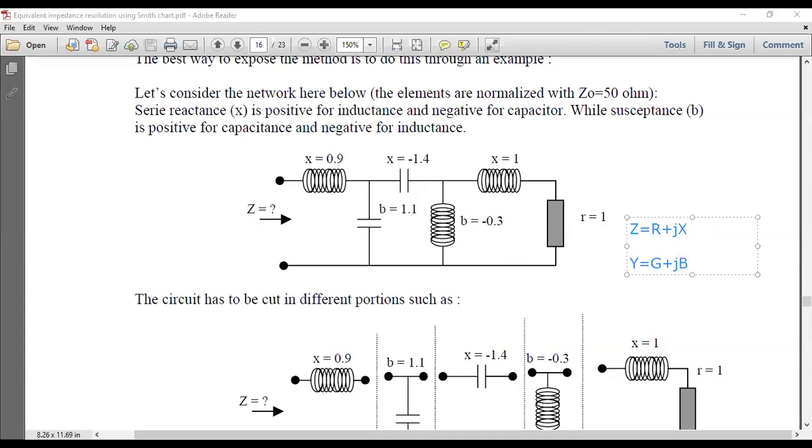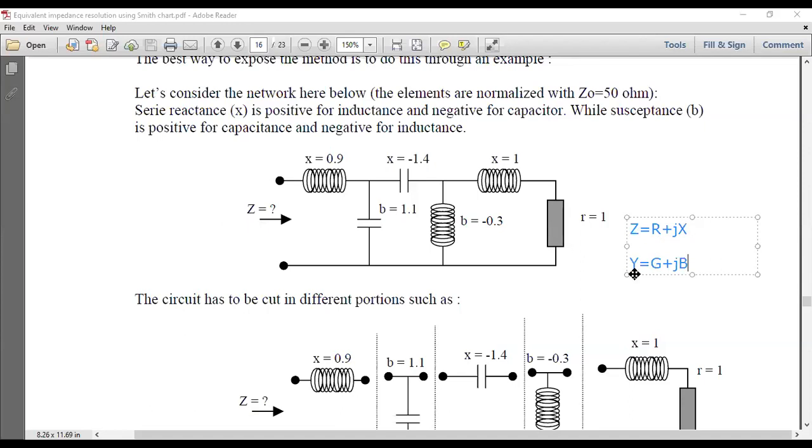It is jB. What is B? B stands for susceptance. This is Y. Y is admittance. G is conductance. And B is susceptance. What is susceptance? It is 1 upon X. So the inverse of the reactance is susceptance. What is conductance? The inverse of the resistance is conductance.